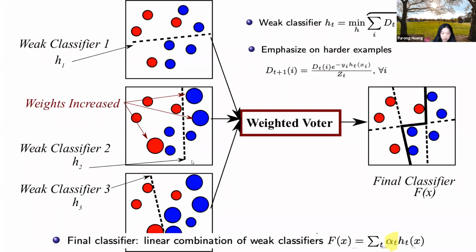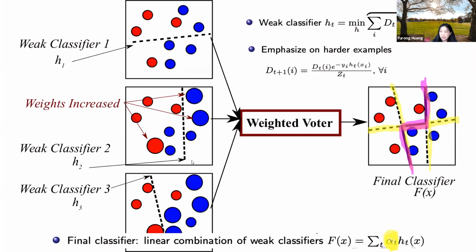But pictorially, you can see this is your H1, this is your H2, and this is your H3. Through this linear combination of H1, H2, H3, you essentially get this strong classifier here.